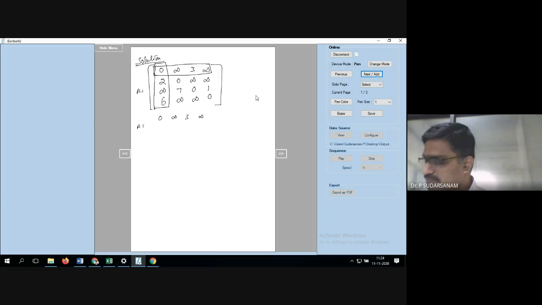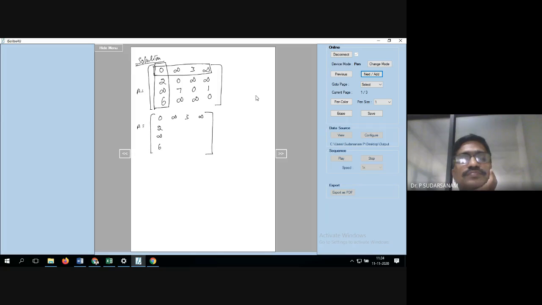Copy them as it is. The diagonal elements will also be written as it is.